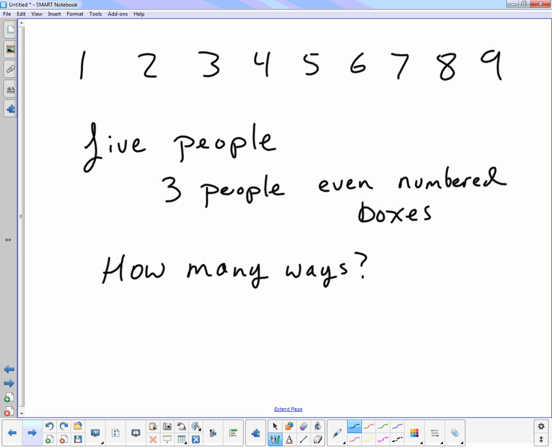Draw out some lines. You got 5 spaces to fill. And now decide how many choices there are in each of those places.